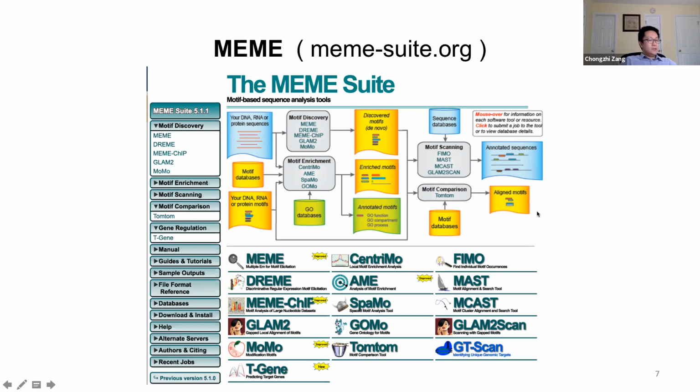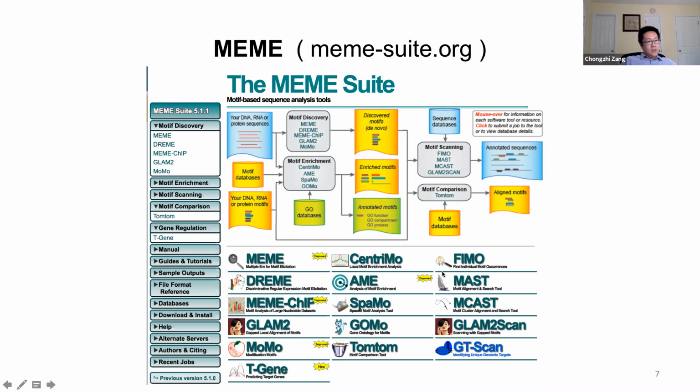Of course, this is just one example of many available tools and functions in the MEME suite, so you're welcome to take a look at some other useful tools in the MEME suite.